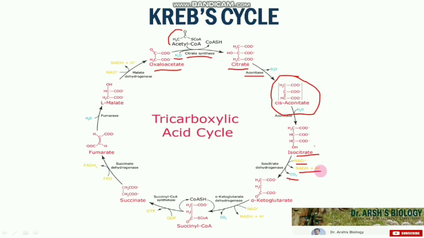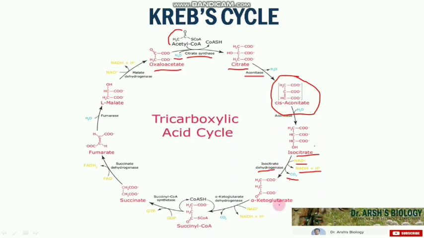As we know from glycolysis itself, the cycle is repeated 2 times because 2 molecules of pyruvate are formed as a result of glycolysis. So here also you have to expect the cycle repeating 2 times, and as a result 2 NADH plus H plus will be formed here.